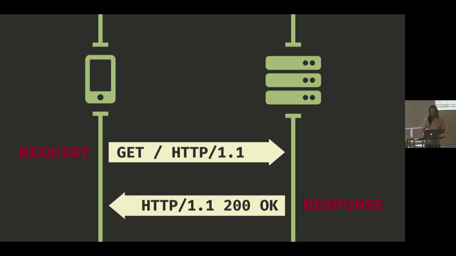The first piece of information there is called GET. GET is the method we're using on that request. So when I want to retrieve data from the server, I'm going to do a GET request. It's just the way that I tell the server what type of operation I'm trying to do.